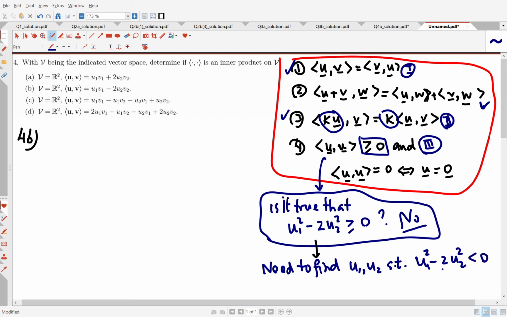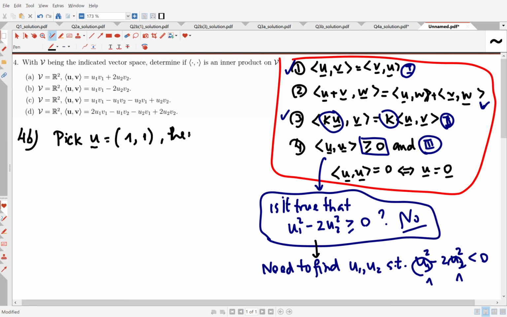But this is quite easy. We can just pick u1 to be 1 and u2 to be 1, because 1 minus 2 is less than 0. So I can just pick u to be 1, 1.